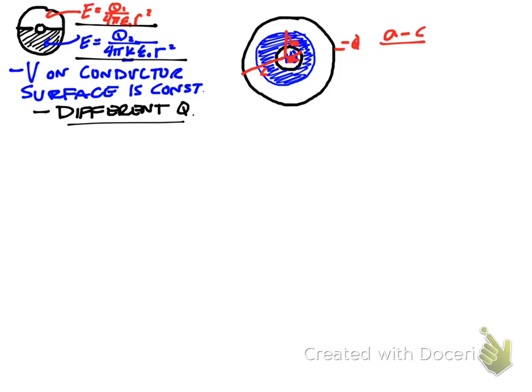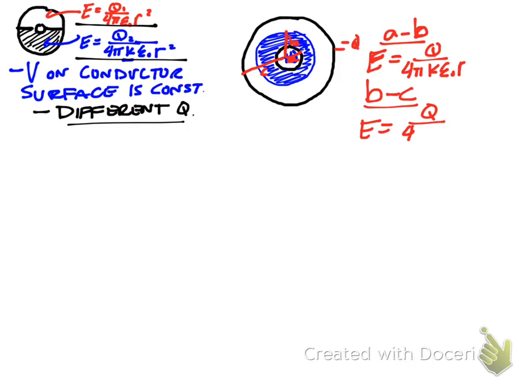From A to B, the electric field is equal to Q over 4 pi kappa times epsilon naught times r squared. And then from B to C, my electric field is going to be Q over just 4 pi epsilon naught r squared. In a cylinder, that would be 2 pi and then r and not r squared. But we have different regions of the electric field.